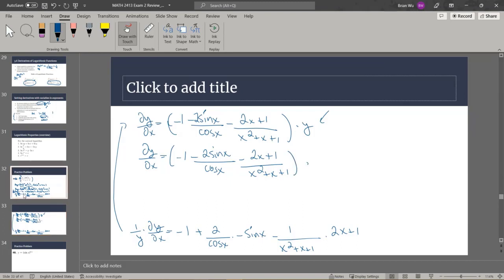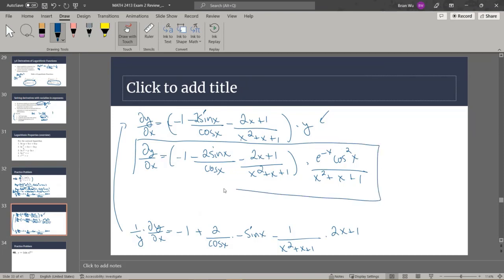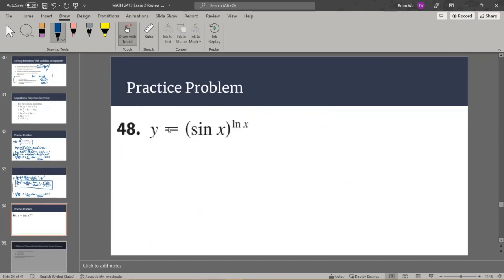Right, and so that's going to be equal to e to the negative x times cosine squared x all over x squared plus x plus 1. Right, and this is where I would say you stop. I don't think you should simplify, or you should ask your professor for clarification. But in most cases, I think you want to simplify. You'd stop here.